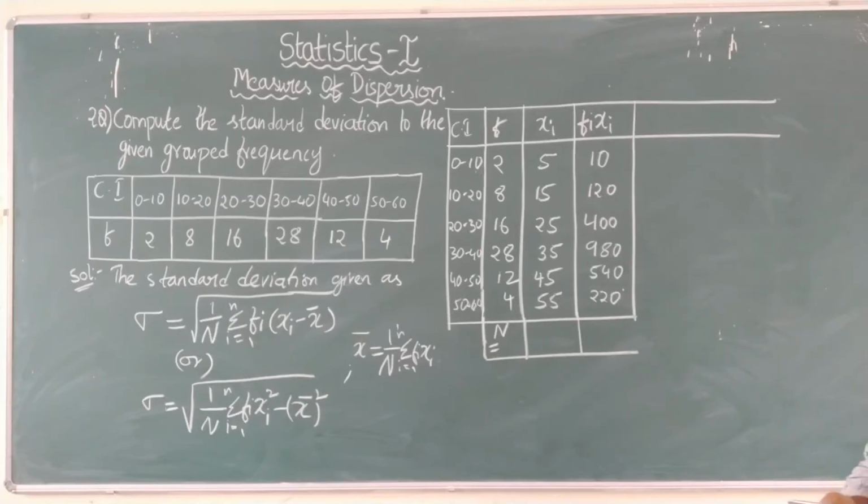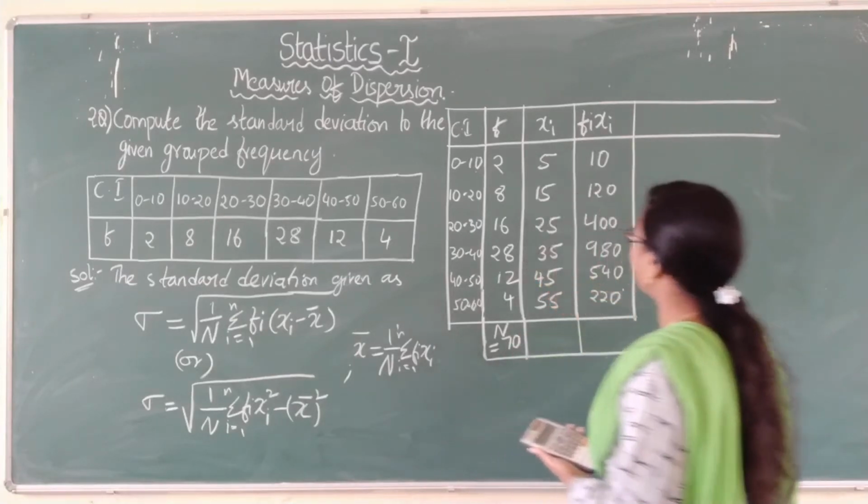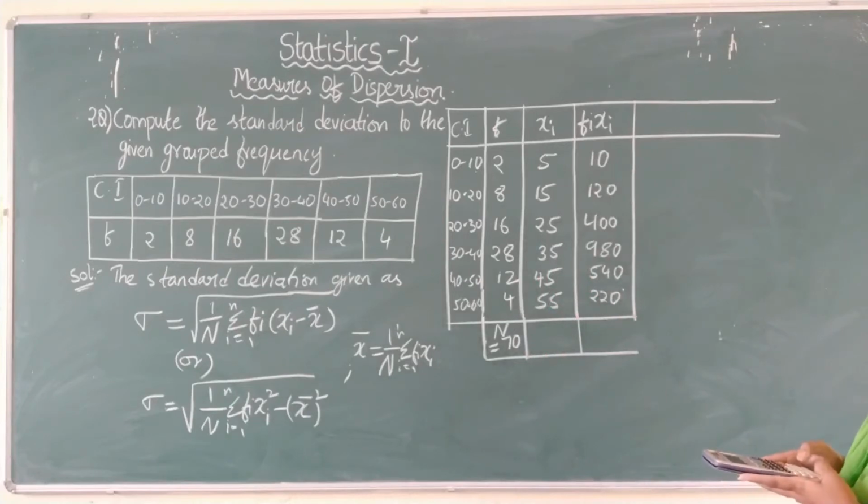The answer is 70. So n equals 70. Then add the column fi xi: 10 plus 120 plus 400 plus 980 plus 540 plus 220. The answer is 2270.